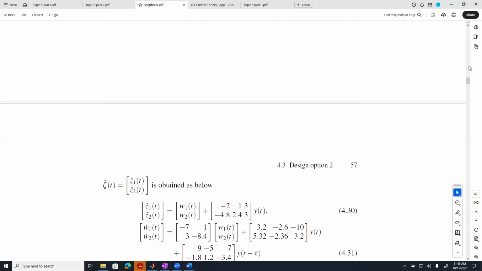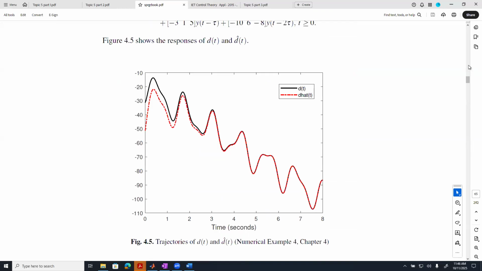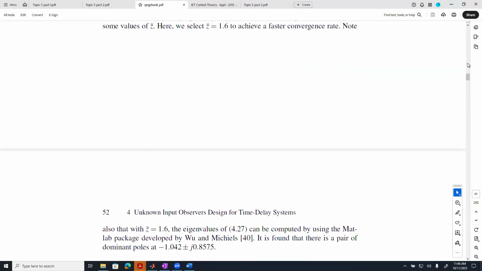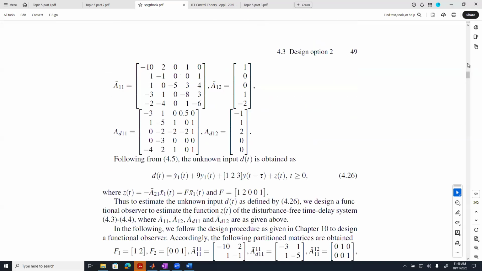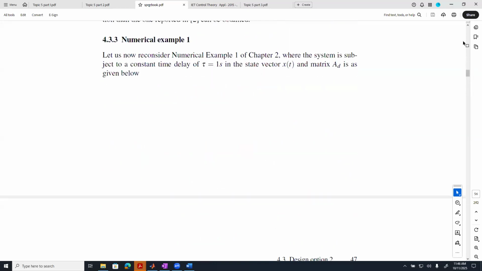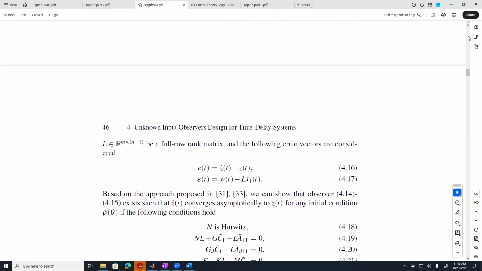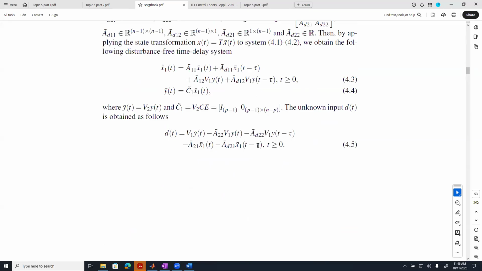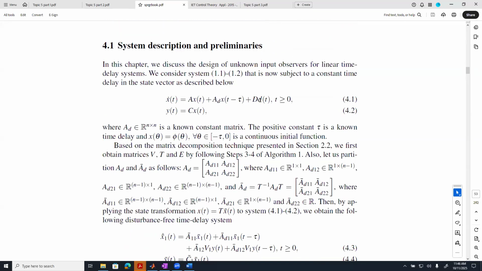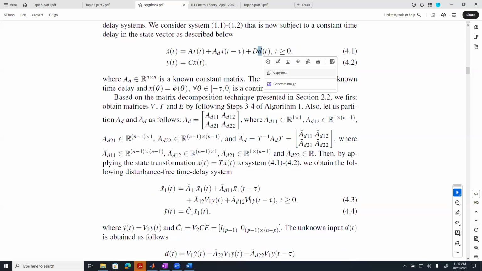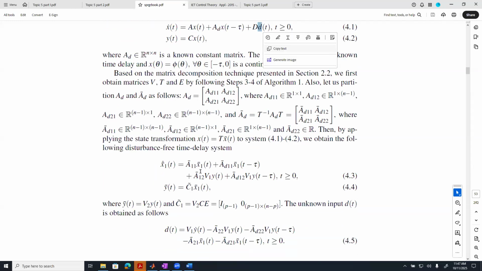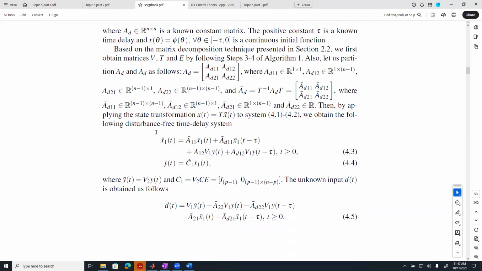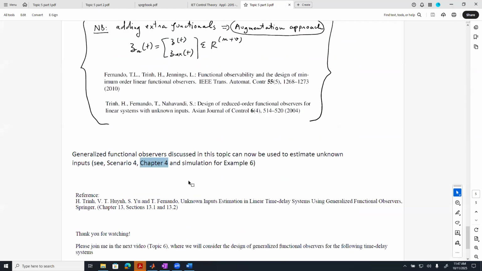And remember, that was done for this particular class of time delay system, where we apply the decomposition to obtain this class of system with an unknown input. And when we do our decomposition, we arrive at this time delay system, and we need to estimate the generalized functional. So we can actually do that now.